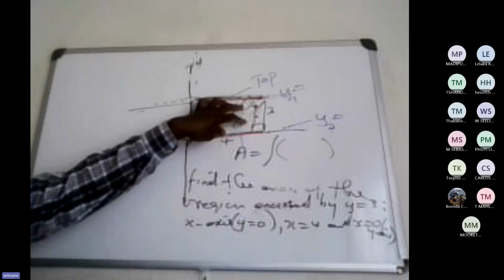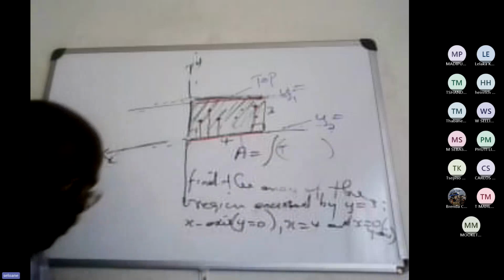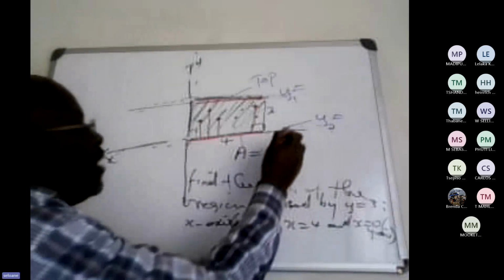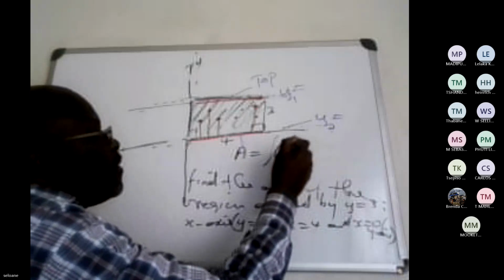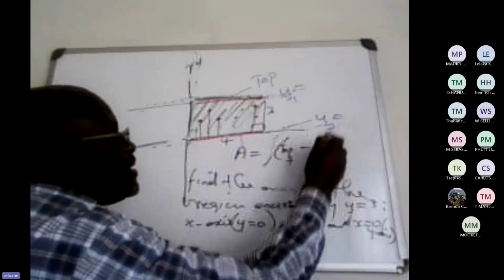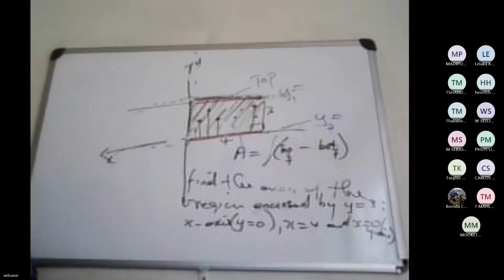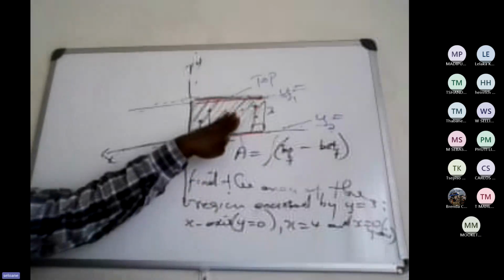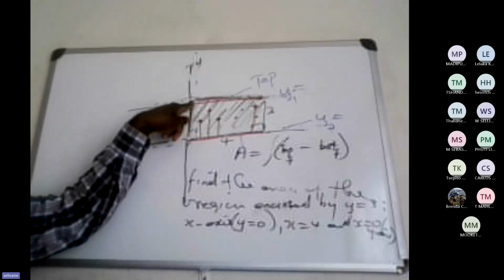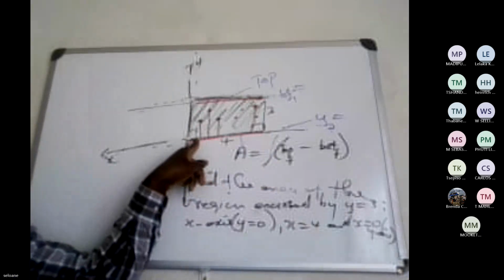If that is the case, then to find the area, we will simply say top function, let's say top f, minus bottom f. Only if the whole region is bounded by a single function on top and a single function at the bottom.